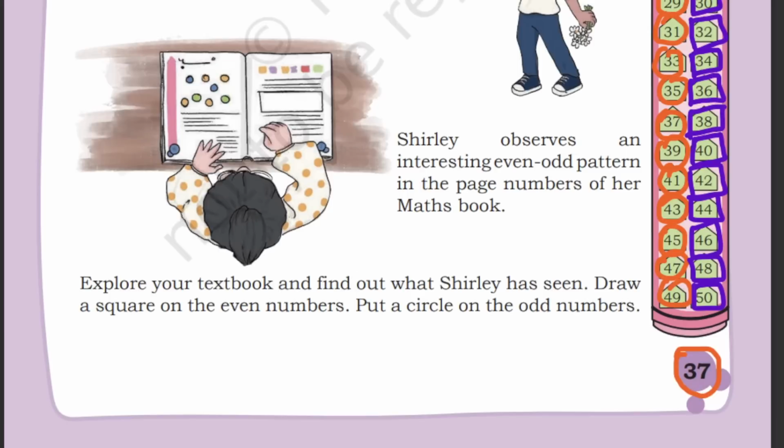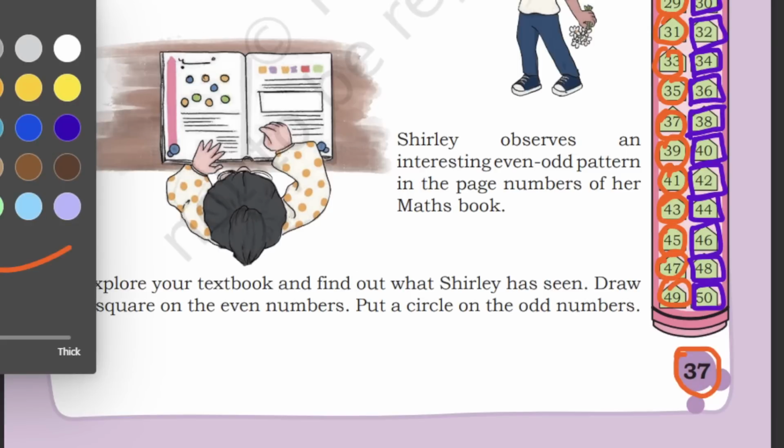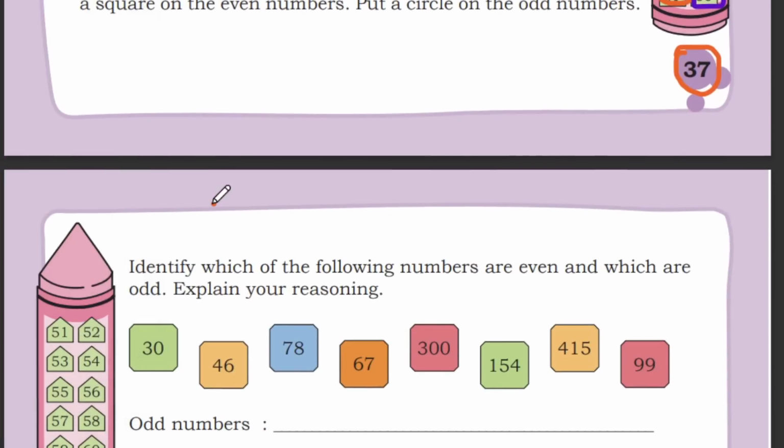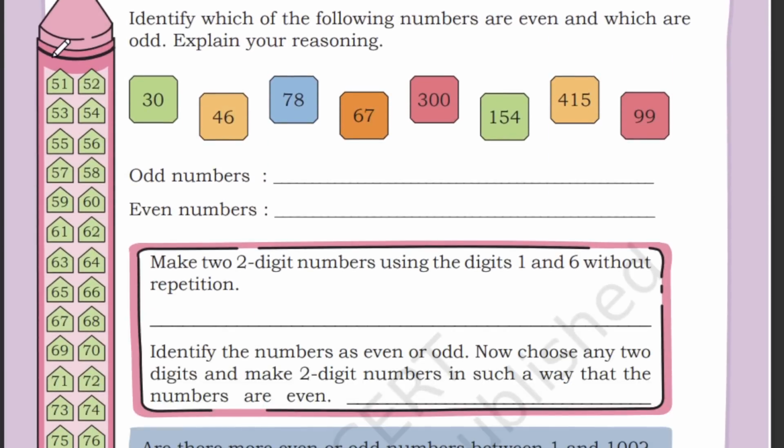I'll take orange color. We have to circle all the odd numbers. While doing it in your book, do it very slowly, okay? Take a sharp color pencil, students. Do not take crayons, so that you can make the circle very easily.